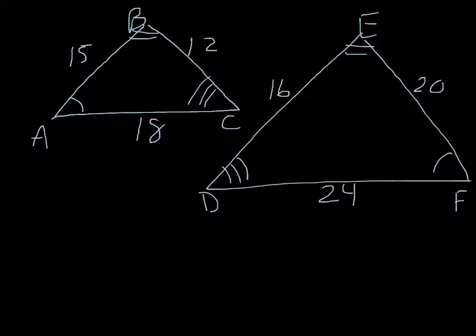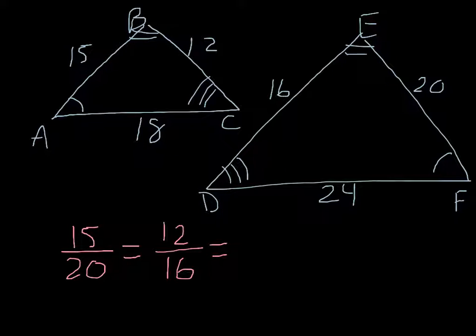So let's look at this. In triangle ABC, the side that's 15 corresponds to what side? AB corresponds to EF. So it's going to be 15 is to 20. Does that equal 12 to 16, and is that equal to 18 over 24?